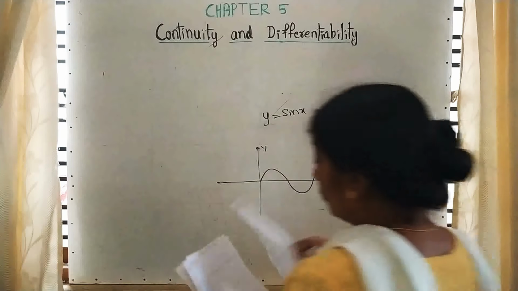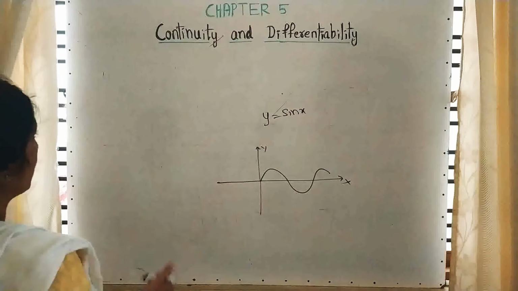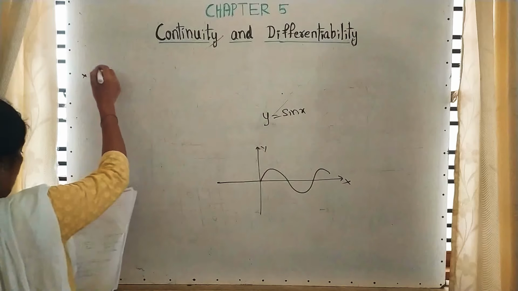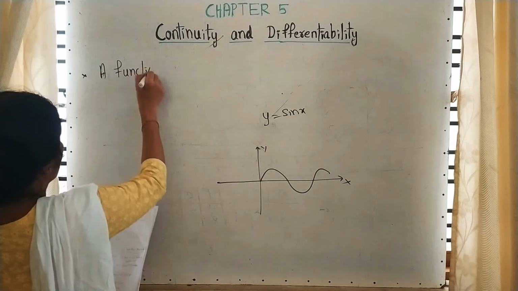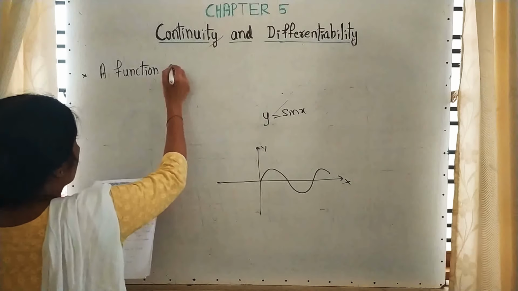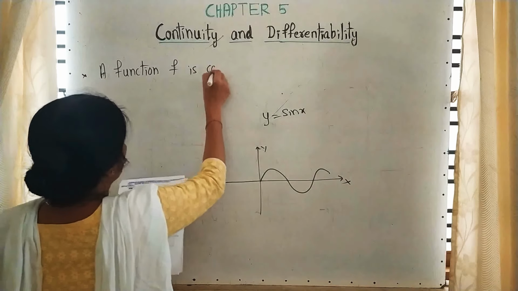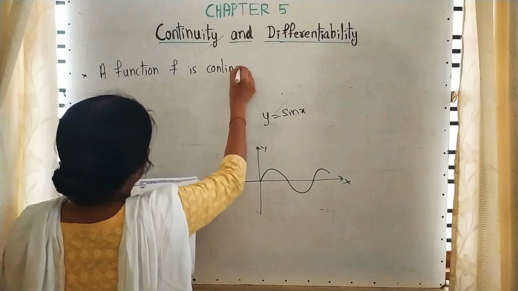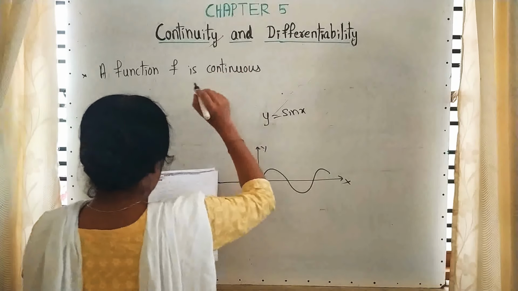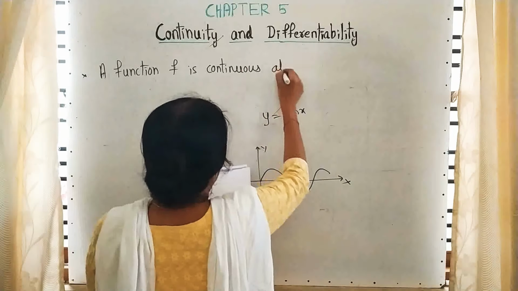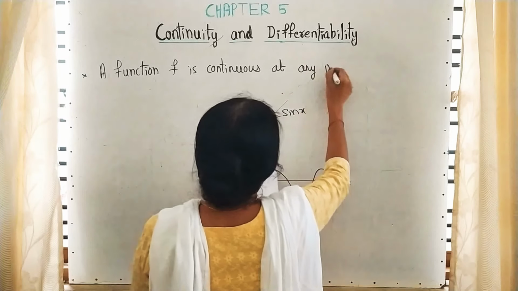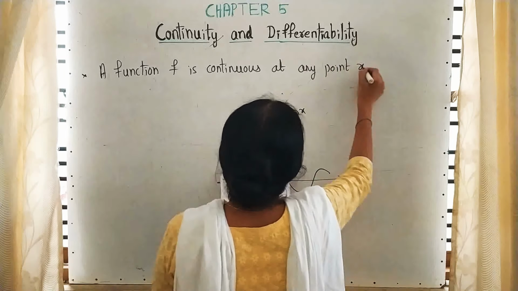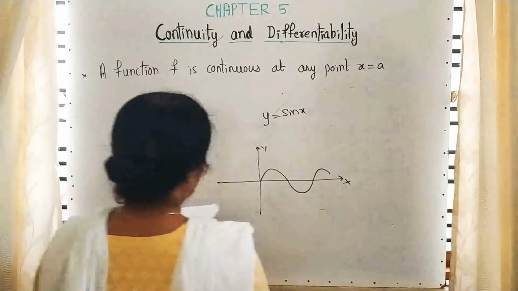How to check whether the function is continuous. I am giving you the points here. A function f is continuous at any point x is equal to a.